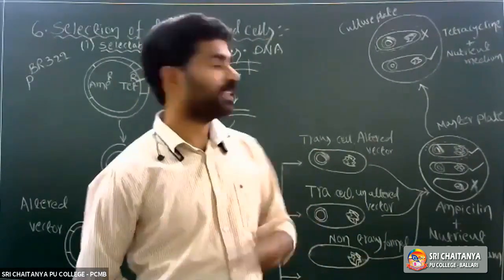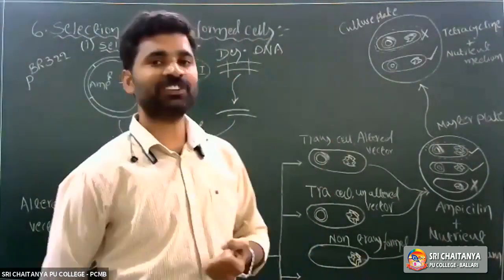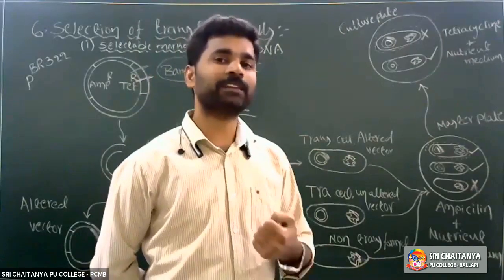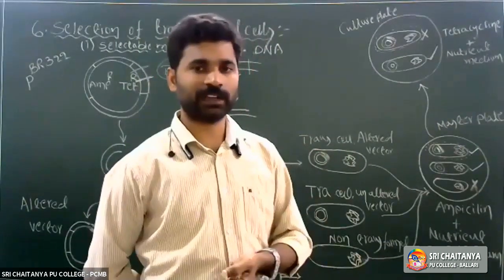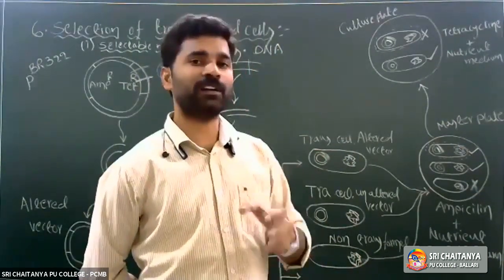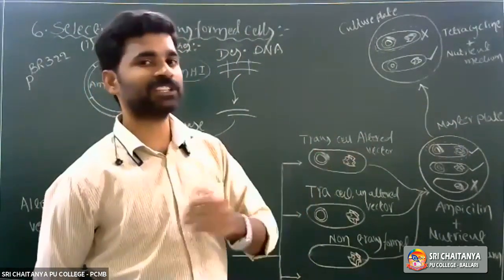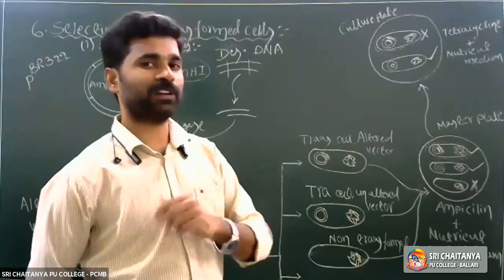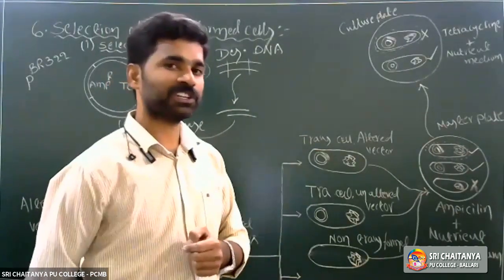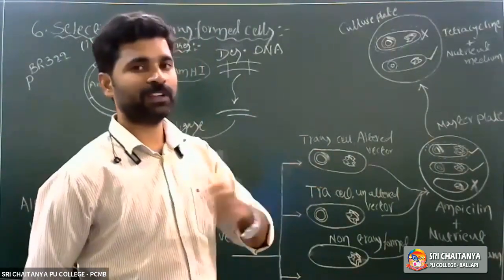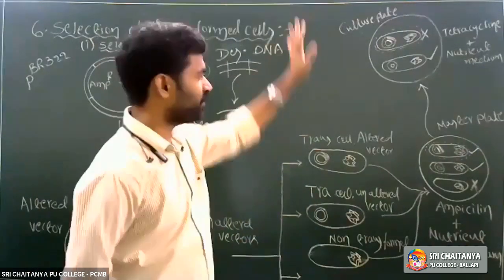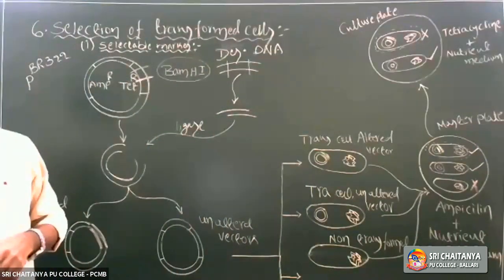That's the reason antibiotic resistant genes are considered selectable markers. Why do we call antibiotic resistant genes selectable markers? For the selection of transformed cells from the non-transformed cells, and for the selection of recombinant cells from the non-recombinant cells. That's the reason we call them selectable markers.